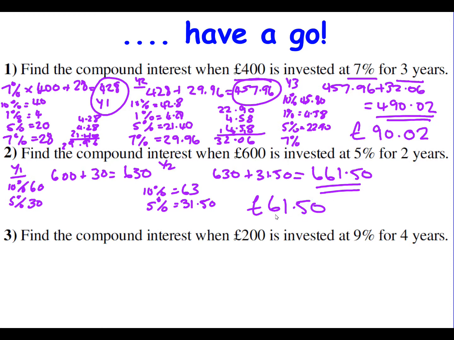So that's the amount. This is the amount of interest. So the compound interest on £200 invested at 9% for 4 years.